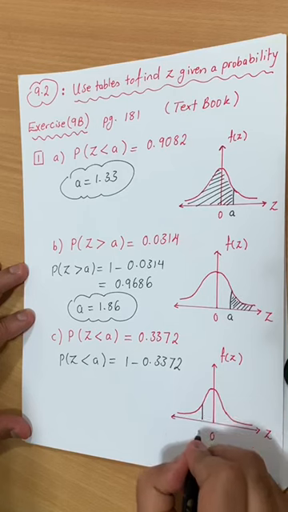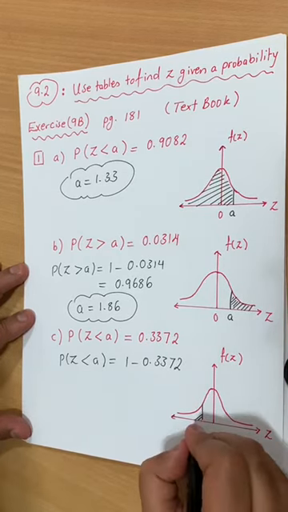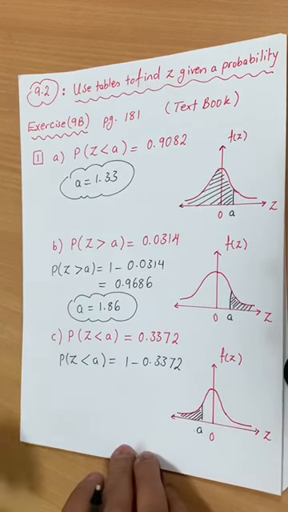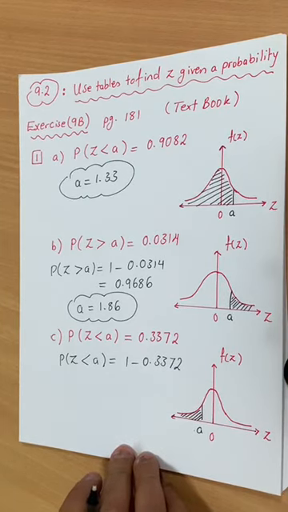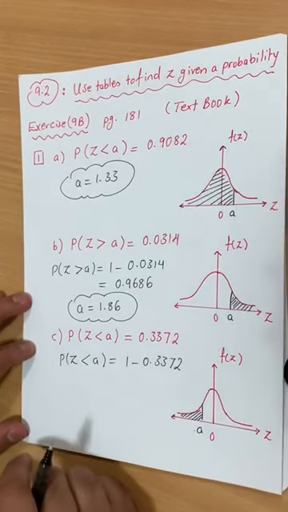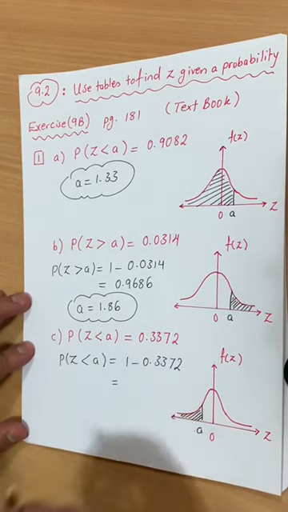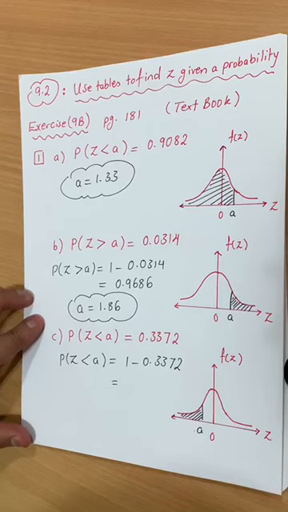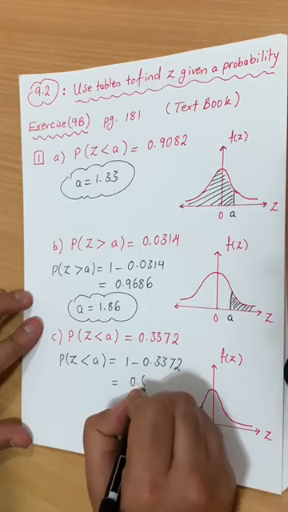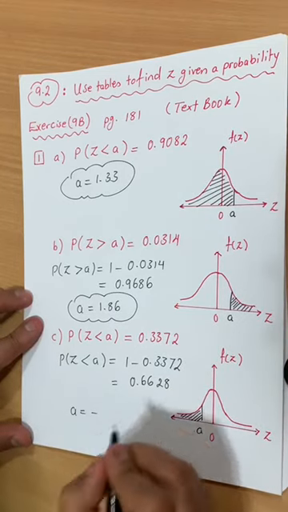A is here, negative A. The left of negative is the same as the right of positive, because you do 1 minus, and because it's less than 0.5. So 1 minus 0.3372 is 0.6628.